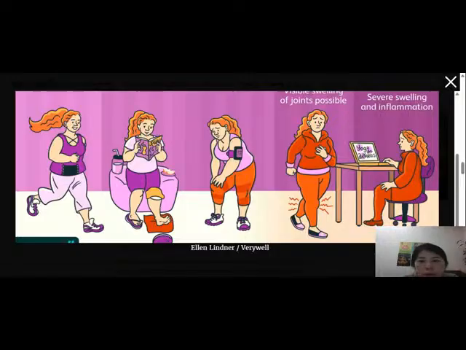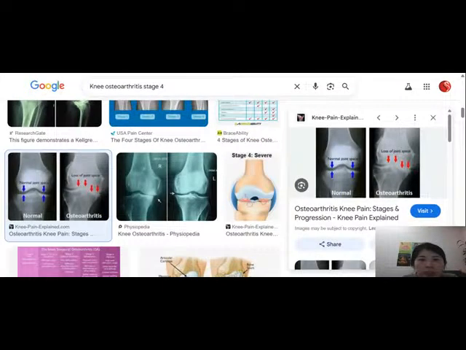So I want to show you this photo. As you can see, this one is a normal knee. That's normal knee joint space, and the osteoarthritis will look like this.